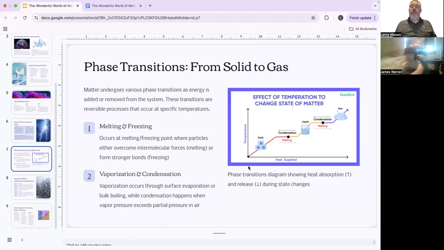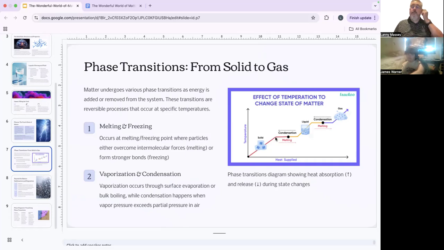And if you look at this chart that I have over here, you'll notice at the bottom it says heat supplied. As we add heat, or we could change this word to energy, to water when it's ice, the temperature will go up until it hits the melting point.